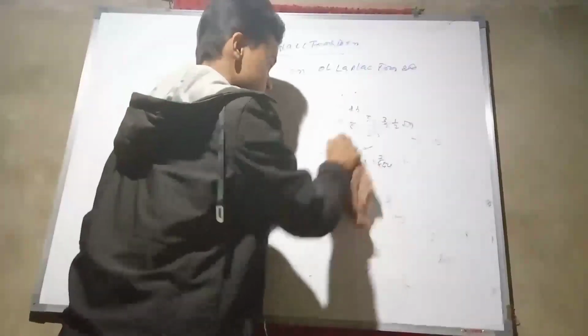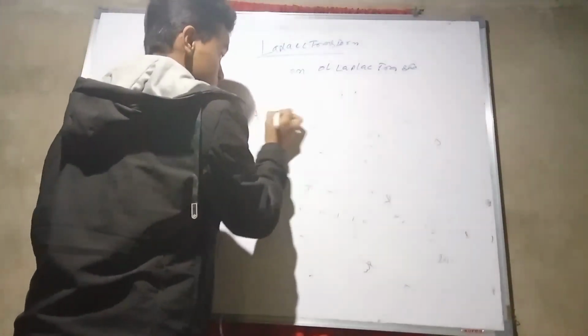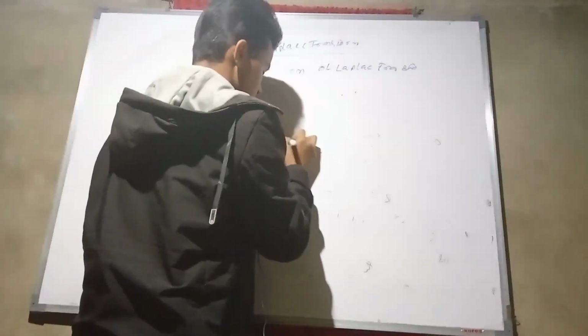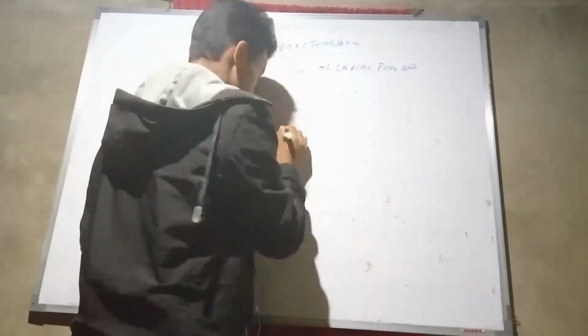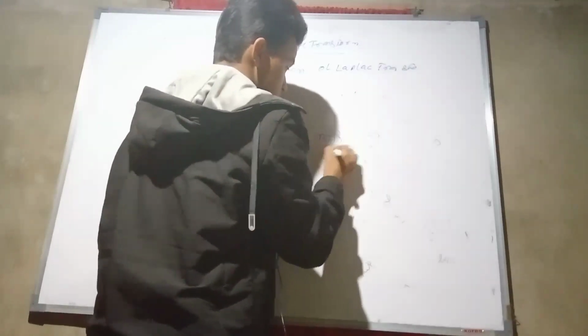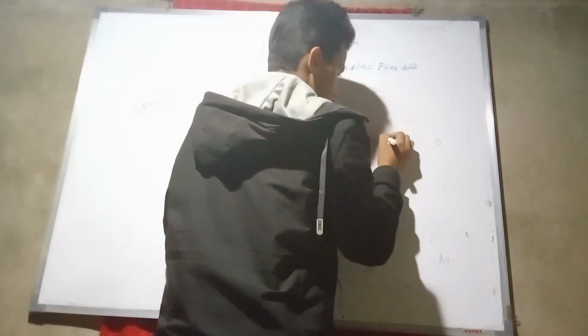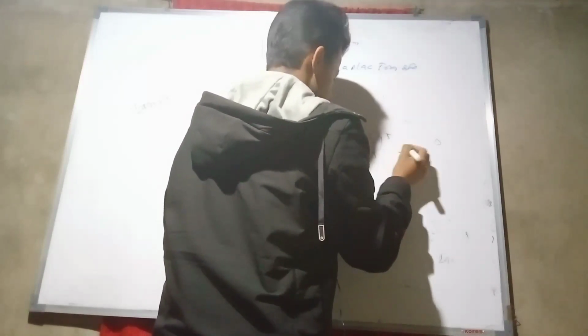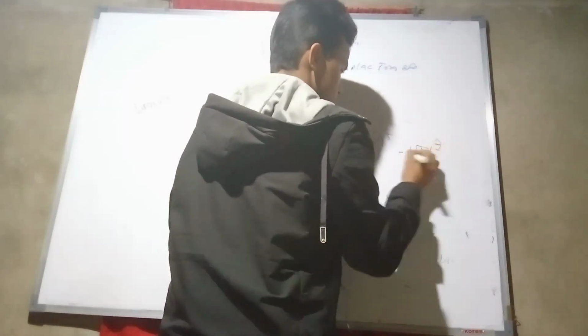So we have done the series expansion method. What is tan inverse root t? Tan inverse x is x minus x cube by 3 plus x to the power 5 by 5 minus x to the power 7 by 7, and so on, with x equal to root t.